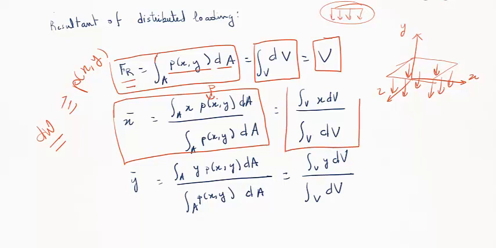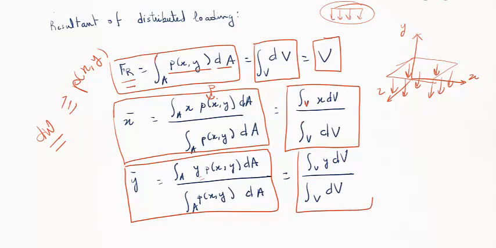This is actually the same as the integral over volume of x dv over the integral over volume of dv. And to get y bar, we basically do the same equation. Instead of x, we have y. That's the only difference, and it's going to be the integral over the volume of y dv over the integral over the volume of dv.